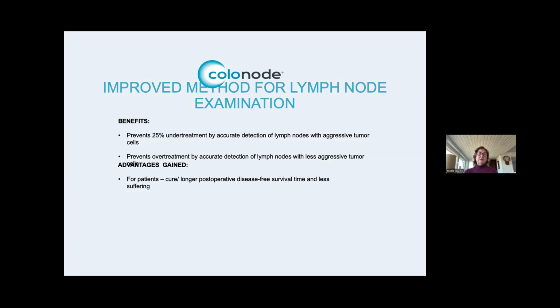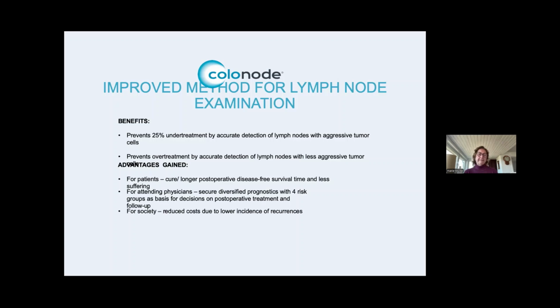Advantages gained are, for the patients, cure, a longer postoperative disease-free survival time, and less suffering. For the attending physicians, a secure, diversified prognosis with 4 risk groups as a basis for decisions on postoperative treatment and follow-up. For society, reduced cost due to a lower incidence of recurrences.